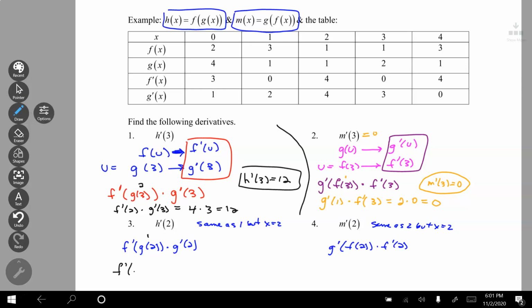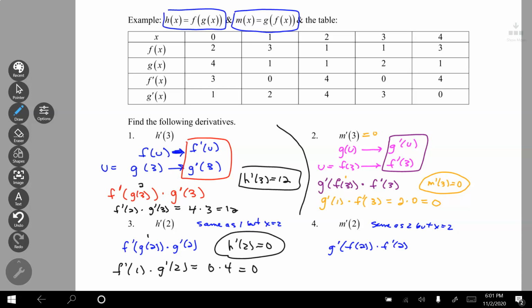So I go to do f prime of 1 times g prime of 2. And f prime of 1 is 0 times, it doesn't even matter because g prime of 2 is 4. And 0 times 4 is 0. So h prime of 2 is also equal to 0.